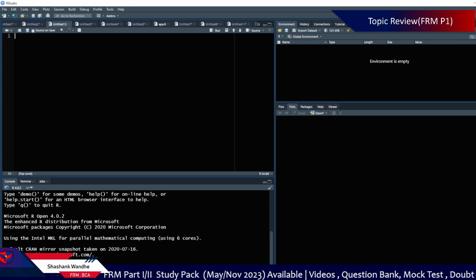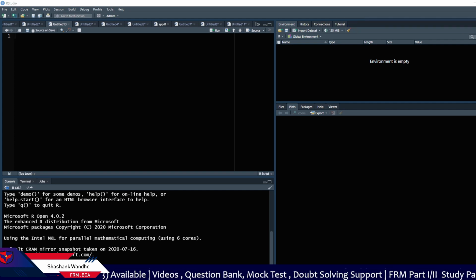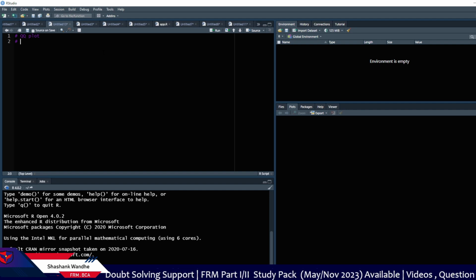First I will show you how the plot looks for normal data so that you can compare it with the next non-normal QQ plot. My task is to create a QQ plot, so always specify it like that. First we need normal data.